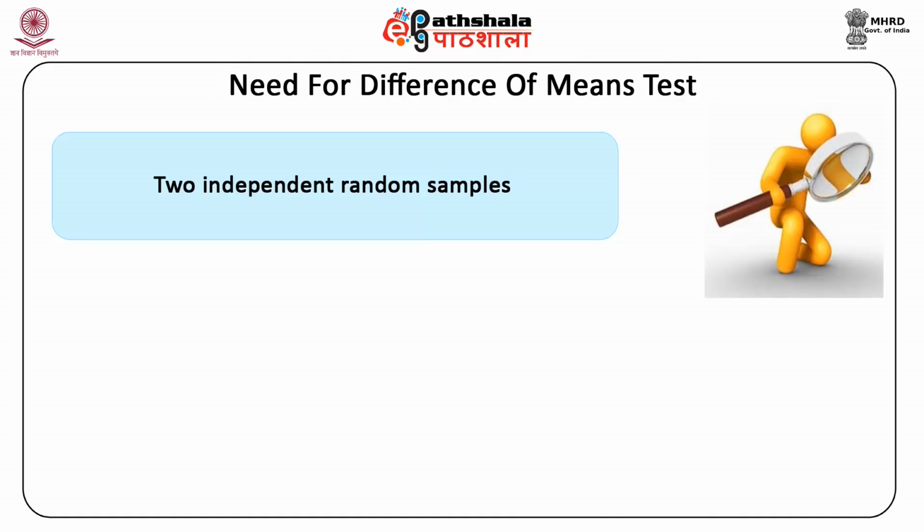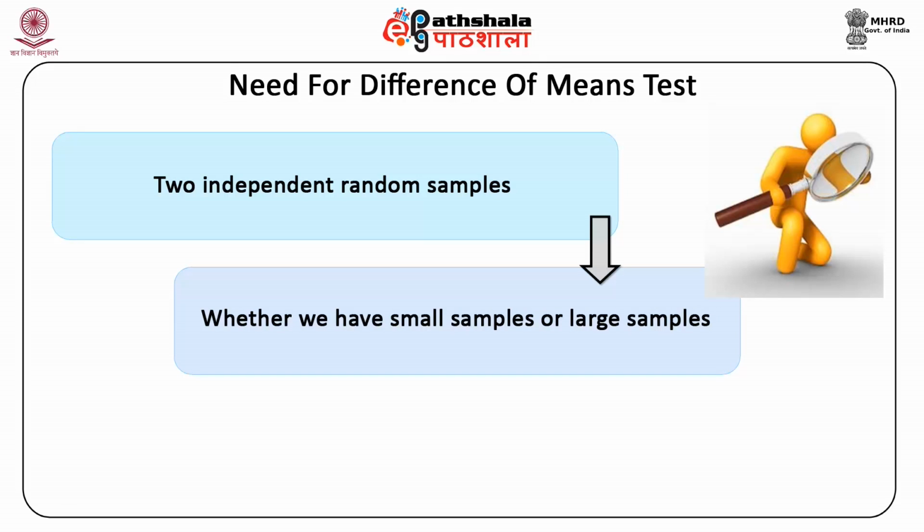The difference of means test is used when we have two independent random samples. The next step is to determine whether we are dealing with a mean or proportion. If we are dealing with a mean, we next need to look whether we have small samples or large samples.